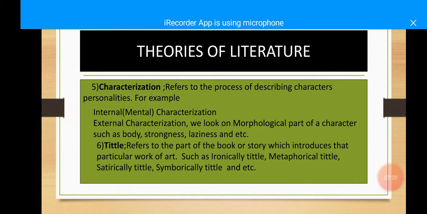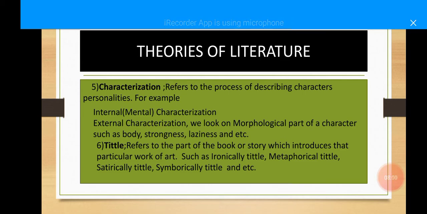So we come up with another part of form, which is characterization. Characterization, by definition, refers to the process of describing characters' personalities. For instance, a character can be characterized in internal or mental characterization.